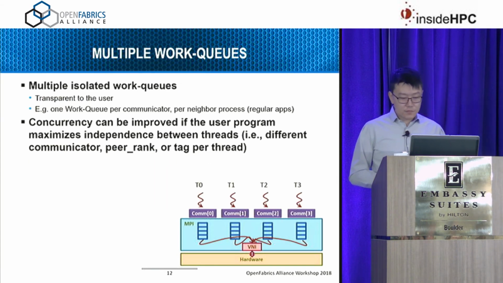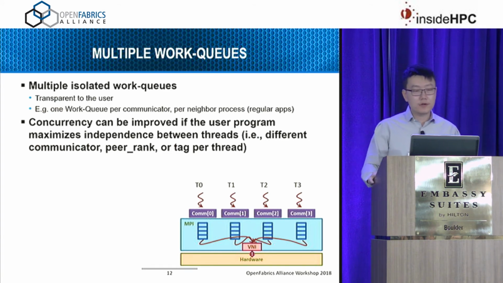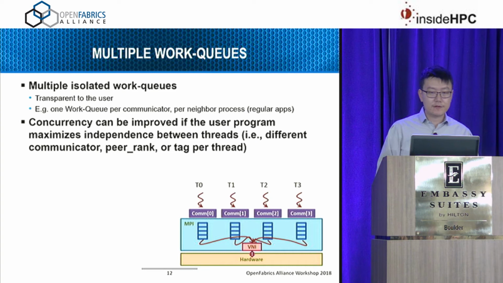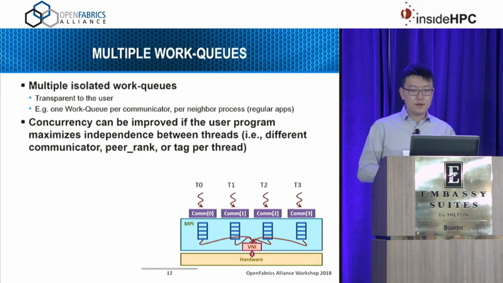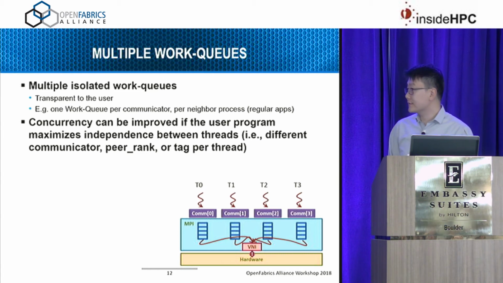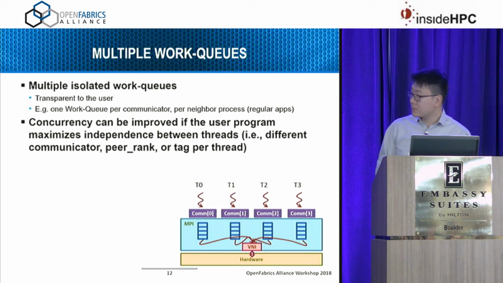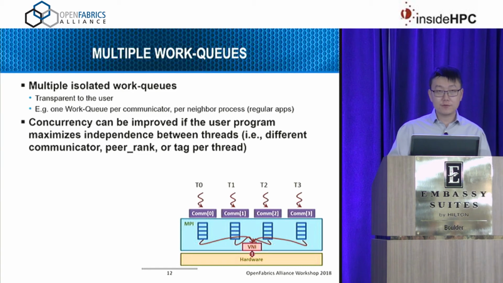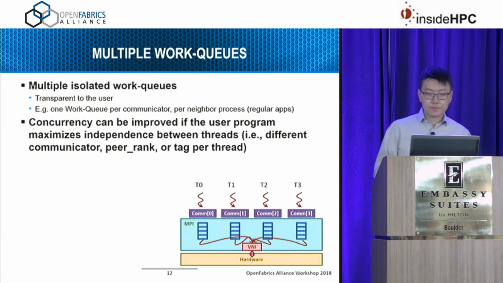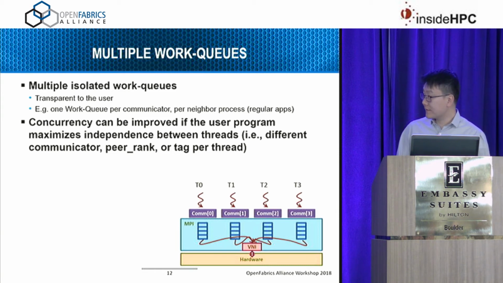So with the work queue model in mind, we are trying to introduce multiple queues. For example, let's say we have different communicators, and these communicators might be shared by different threads or not. In the MPI layer, we can have different queues for each of them, and when threads enqueue work, it goes to the different queues. The benefit is that you are also reducing the contention between the queues.